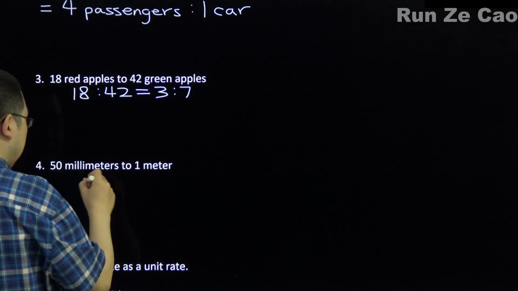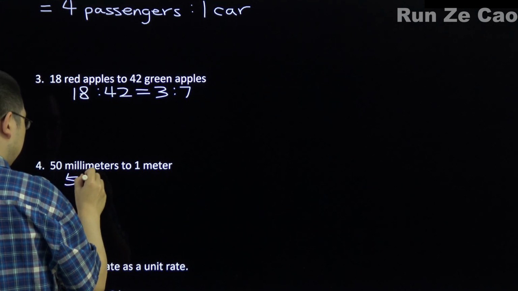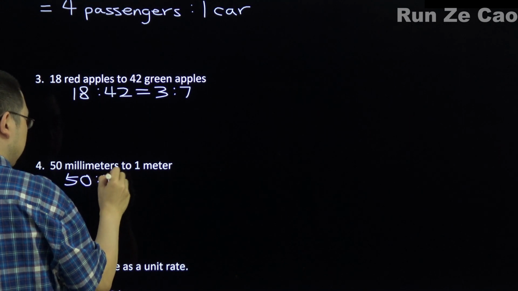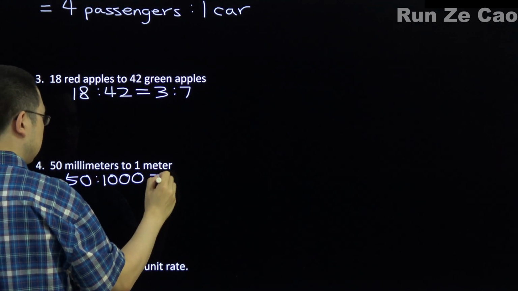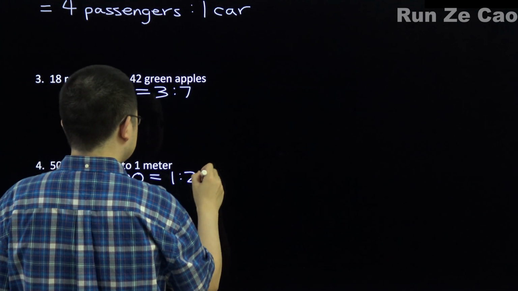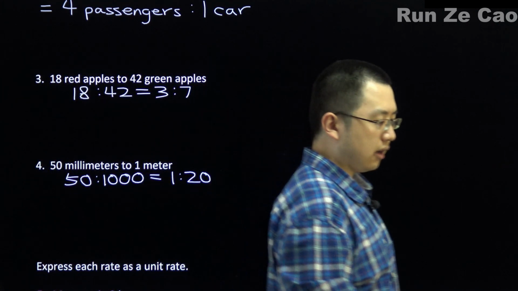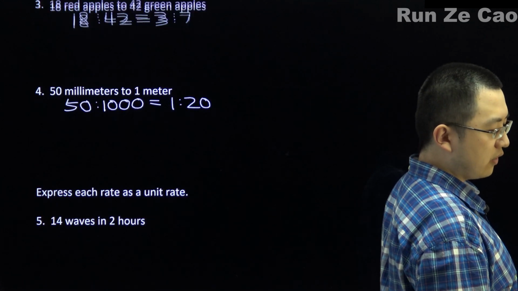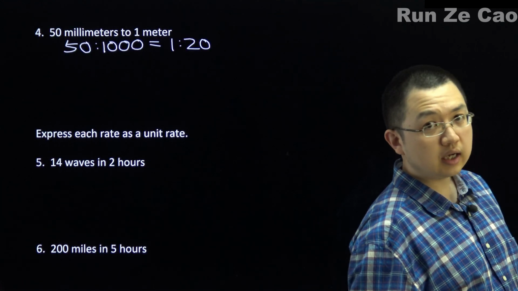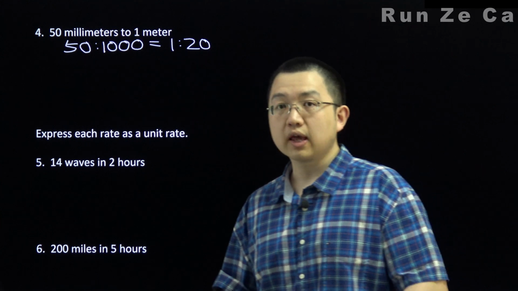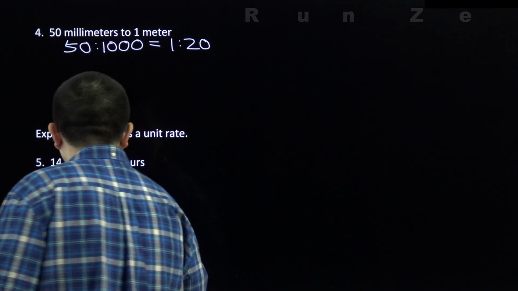Well, 1 meter is 1,000 millimeters, so it's 50 to 1,000, which is equal to 1 to 20. And the units cancel out, even though initially we had different units. We had to do a conversion and they became the same unit, so they canceled each other out.